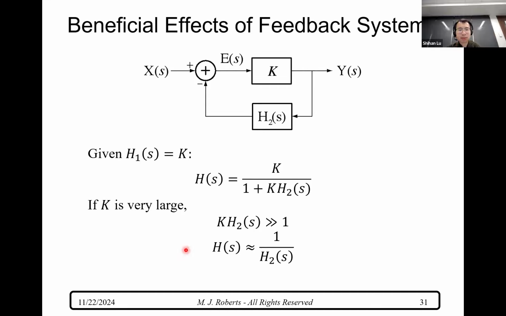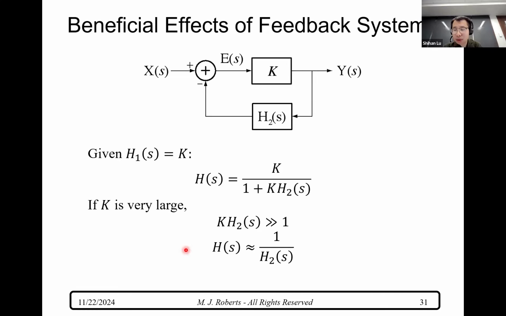So let's first start with an example without any scenario. We're not constraining it to a dynamic, mechanical or electrical system. We just simply look at this block diagram without any context.